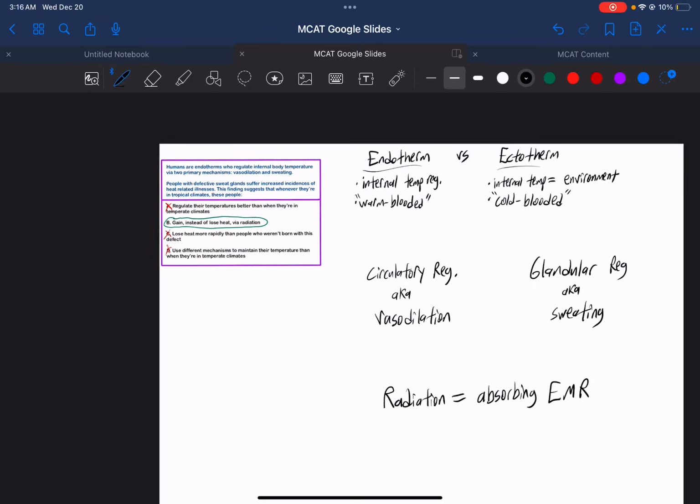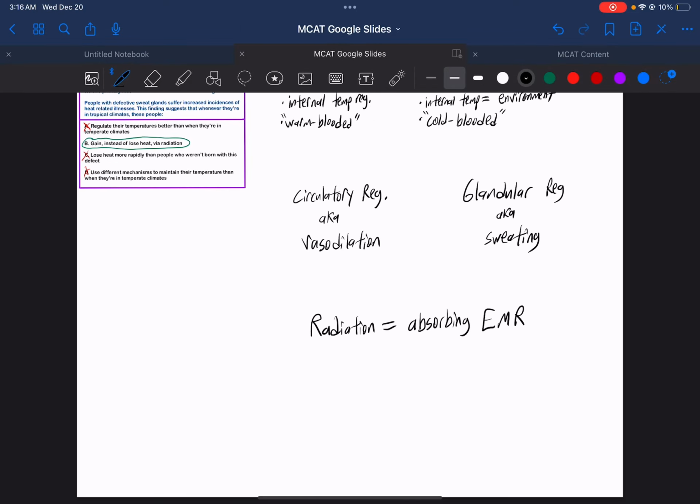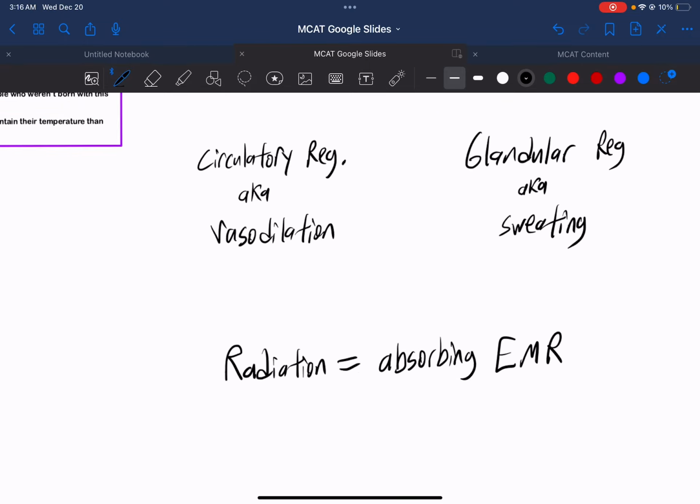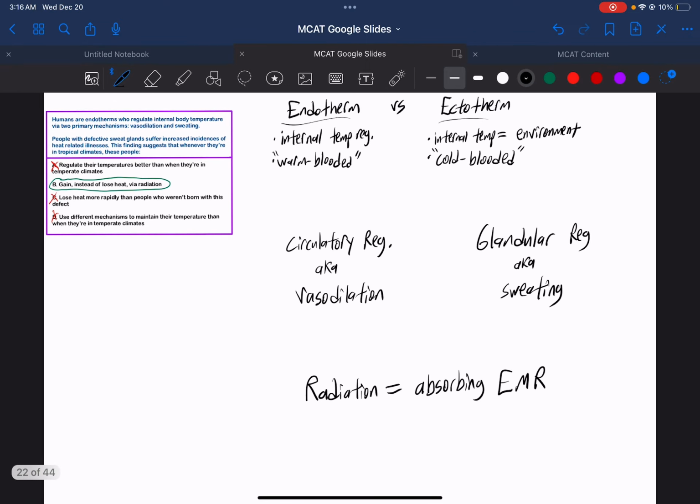You should look up the EMR spectrum. You need to know that as well. So radiation just means you're absorbing these waves. And oftentimes these waves convert into heat. Well, your body converts it into heat.